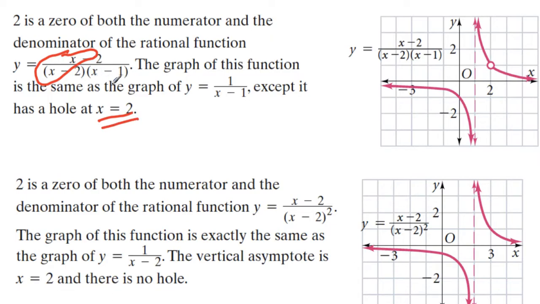We also have this x minus 1 still hanging out there. Nothing's going on with that. And because of that, we know that we have a vertical asymptote at 1. And so you can see that right here. So we have a vertical asymptote and a hole. Cool beans. All right, let's go ahead and get started on the next example.